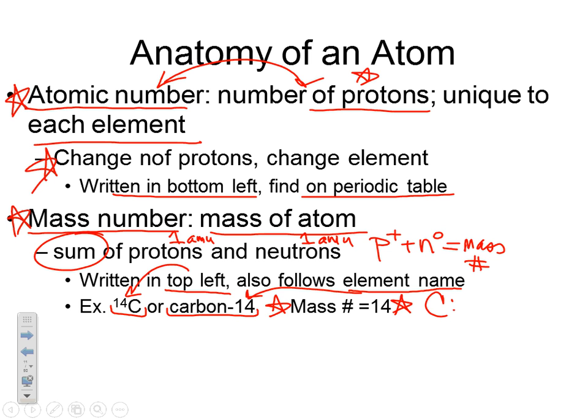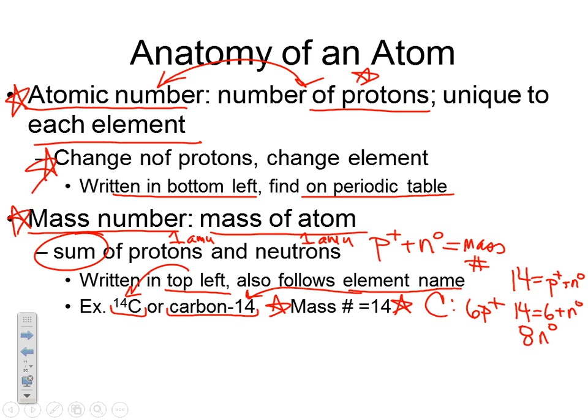Well, we know that it's carbon, so we can go to the periodic table, find carbon, see that carbon has an atomic number of 6. So we know that carbon has 6 protons. Its atomic number would be 6, but we know its mass number is 14. We also know that the 14 must be equal to the protons plus the neutrons of this atom. So if we sub in, we know that there are 6 protons. In carbon 14, there must be 8 neutrons, because 8 neutrons plus 6 protons is going to give you the mass number of 14.